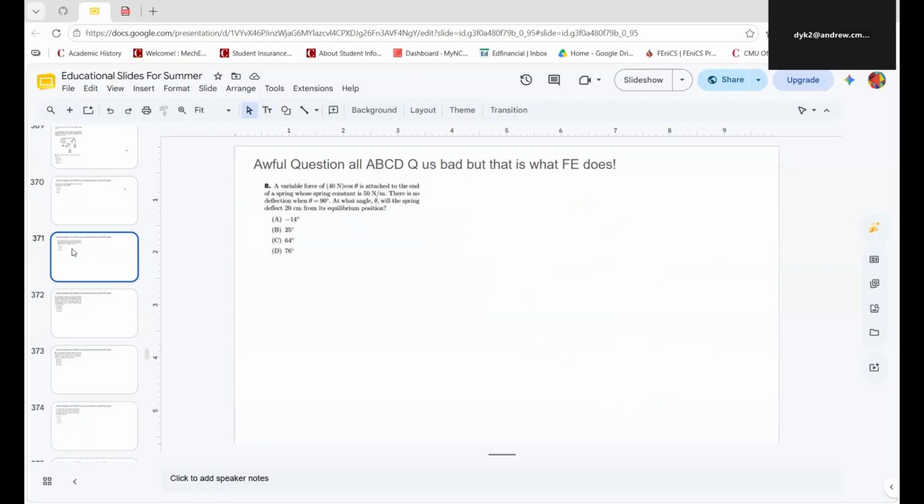Okay, a variable force of 40 cosine theta. I'm assuming the force is variable because theta can change. To the end of a spring constant. Oh, maybe not. There's a spring with k of 50 attached to some kind of angled force, I guess. There is no deflection at 90 degrees.